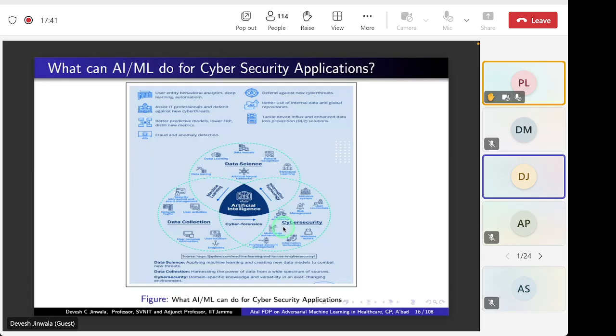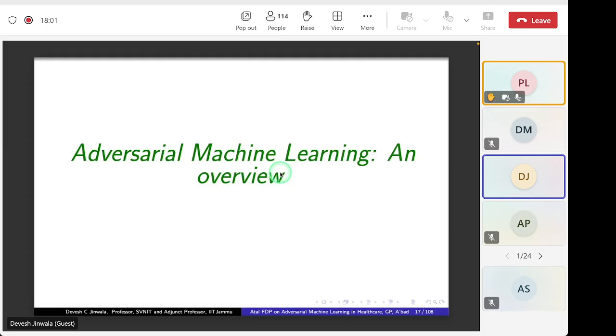So the answer to the question, what can AI/ML do for cybersecurity applications? We summarized earlier: AI would be proactively trying to predict how the system can be attacked, which is not happening in conventional security applications, which is what we have to note. Okay, so that was about machine learning and security.